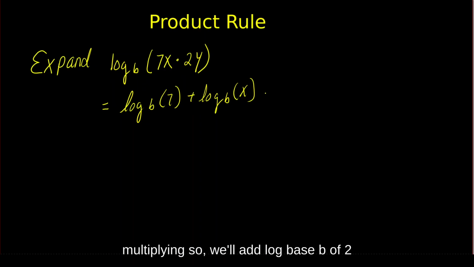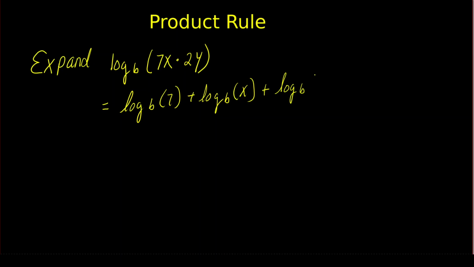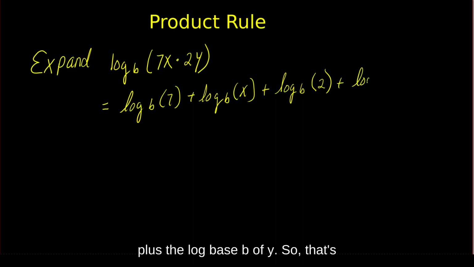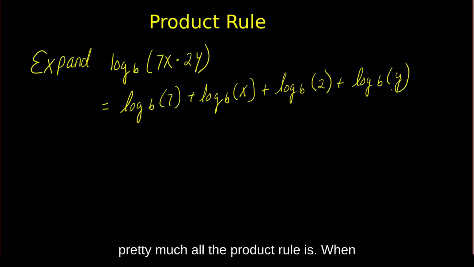Again, we're multiplying, so we'll add log base b of 2 plus the log base b of y. So that's pretty much all the product rule is. When you're multiplying, you're breaking it apart into separate log statements.